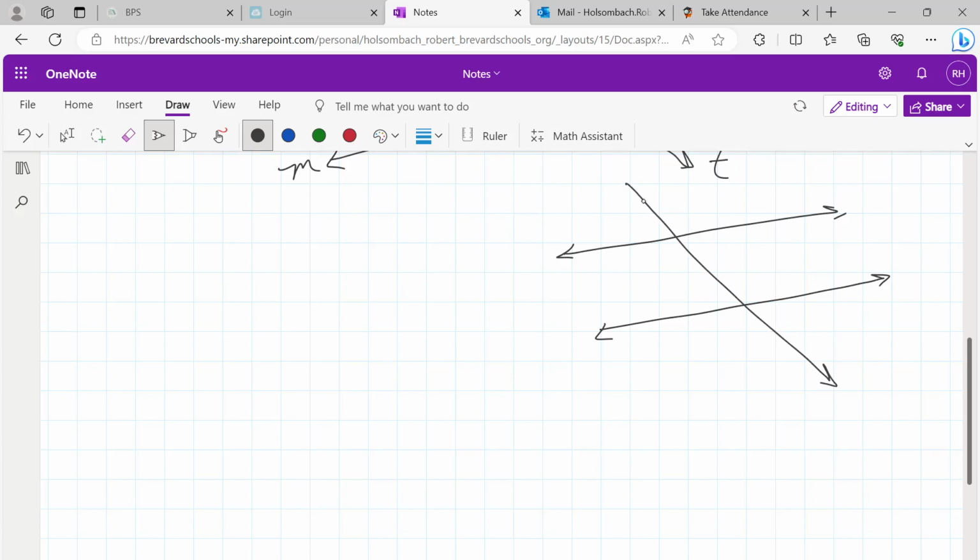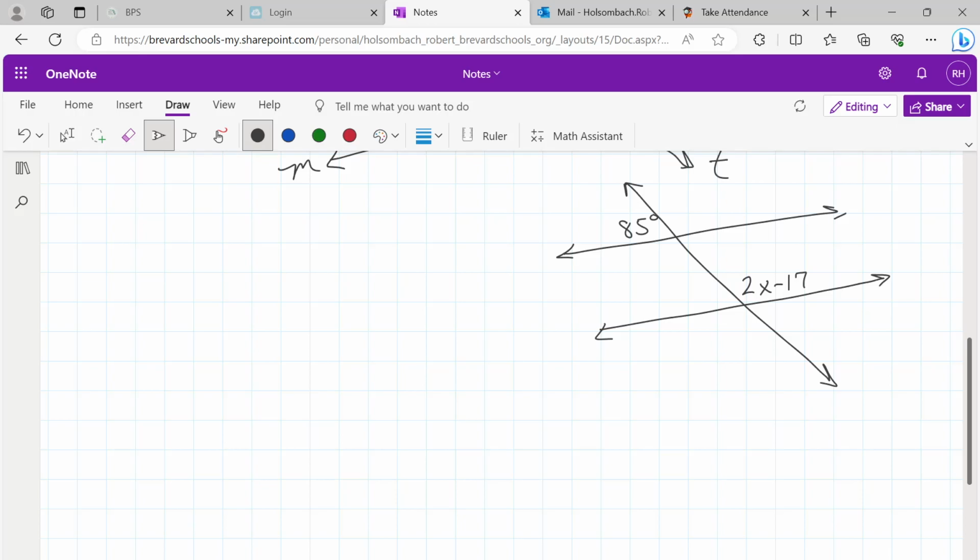You're told that the measure of angle 4 equals 2x minus 17, so angle 4 is right here. And the measure of angle 1 is 85 degrees.